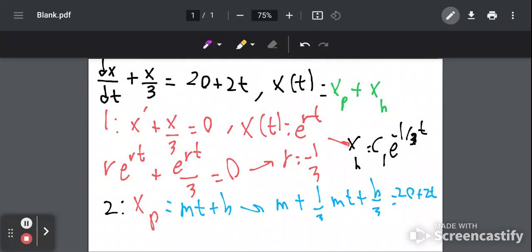We have only one term in t here, and the same on the right-hand side. So 1/3 m has to equal 2, which means m is in fact equal to 6. And if m is 6, then m plus b over 3 must be 20, so b over 3 must be 20 minus 6, or 14. So b is 42.